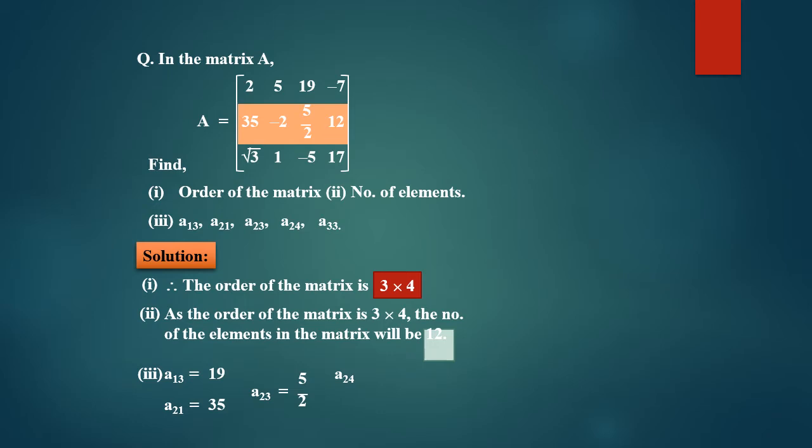Next, a24, second row fourth element, is equal to 12, and the last element a33, third row third element, is minus 5. So this was a simple example related to calculation of indicated terms, order of the matrix and number of elements in a matrix.